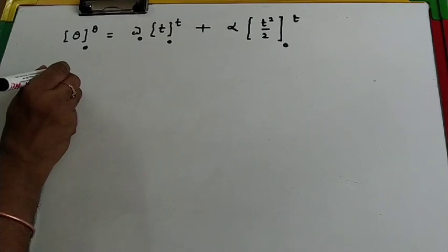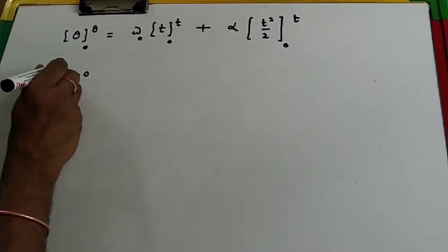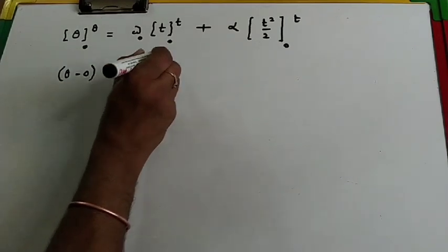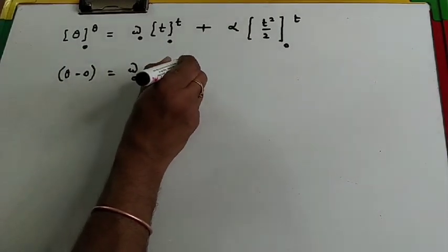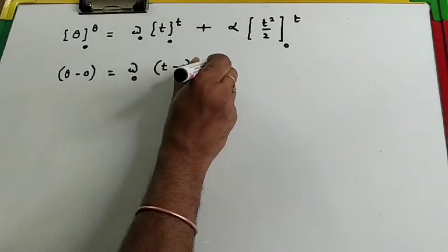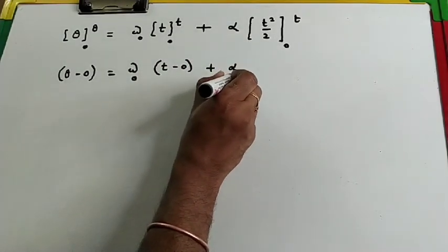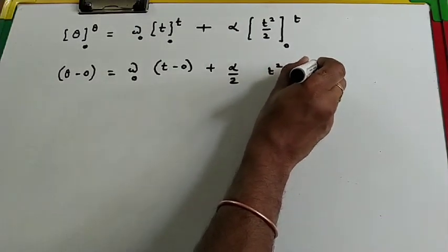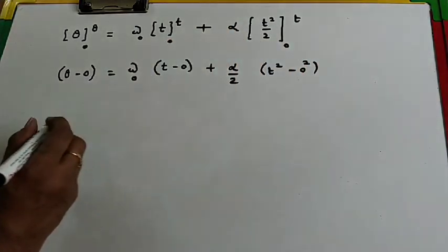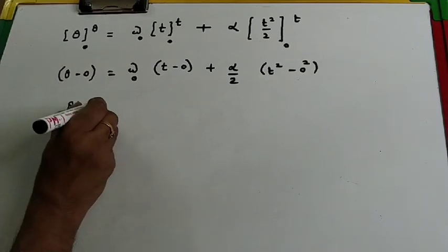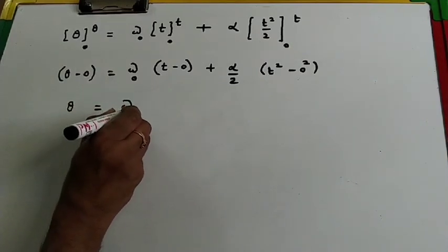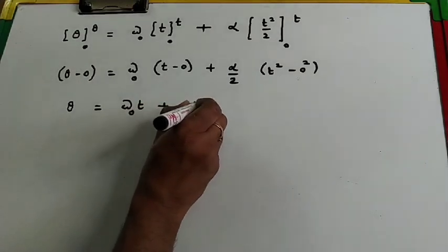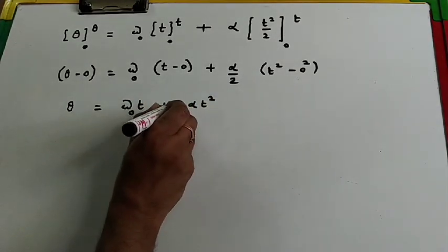Therefore, theta minus 0 is equal to omega naught into (t minus 0) plus alpha by 2 into (t square minus 0 square), because 2 is taken out. Therefore, theta is equal to omega naught t plus alpha t square into 1 by 2.